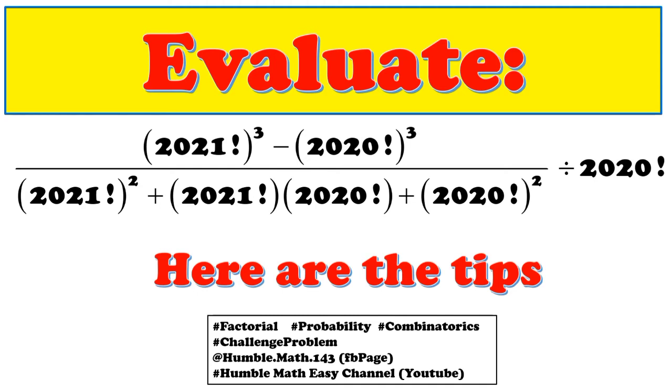Okay, here it goes in how to solve this. Here is our given example of how to evaluate by simplifying factorials: the quantity 2021 factorial, quantity cubed, minus the quantity 2020 factorial, quantity cubed, all over the quantity 2021 factorial, quantity squared, plus the quantity 2021 factorial times 2020 factorial, added to the quantity 2020 factorial, quantity squared, which is divided by 2020 factorial.